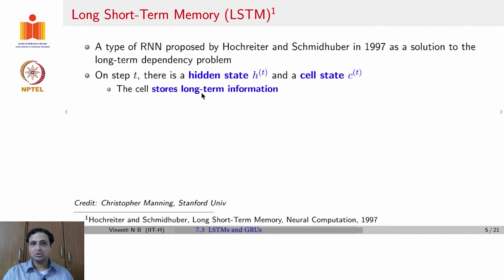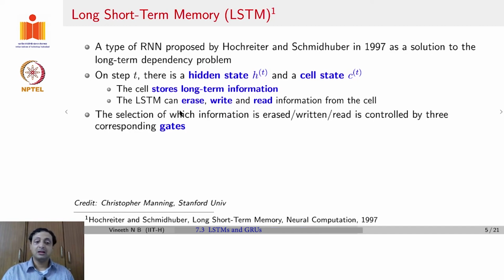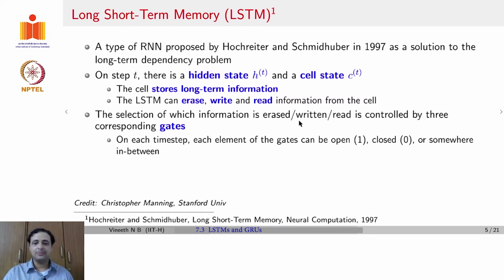The cell stores long-term information, and the LSTM block can erase, write, and read information from that cell state based on whatever the context defines. The selection of what information you can forget or read or write is controlled by 3 gating mechanisms, one for erasing, one for writing, and one for reading.